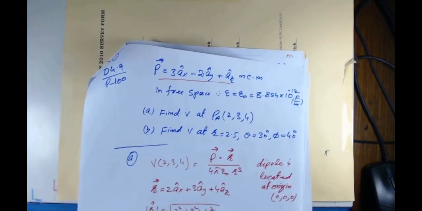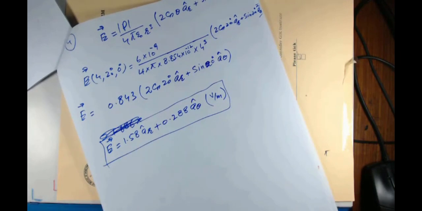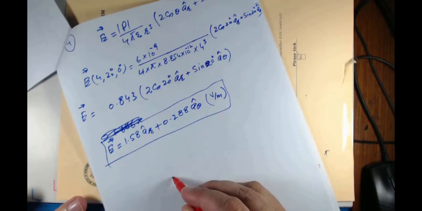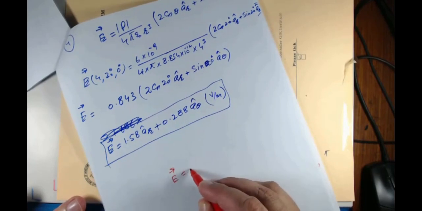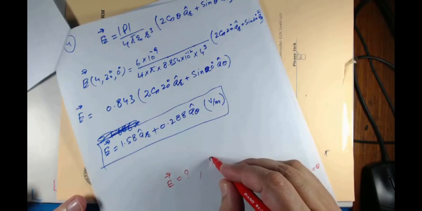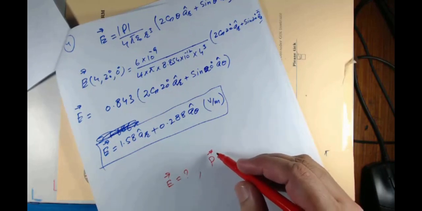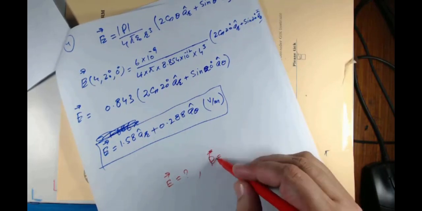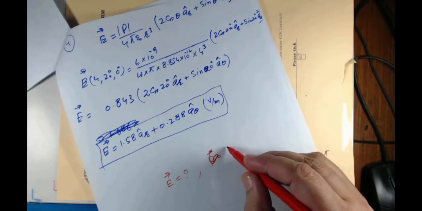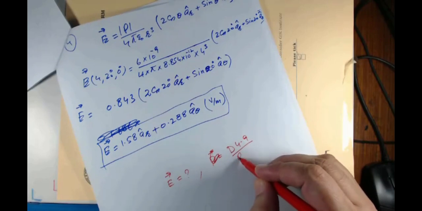You should obtain the electric field for the given dipole moment using the information given in drill problem D4.9 on page 100.